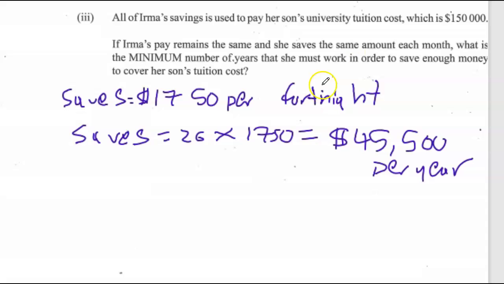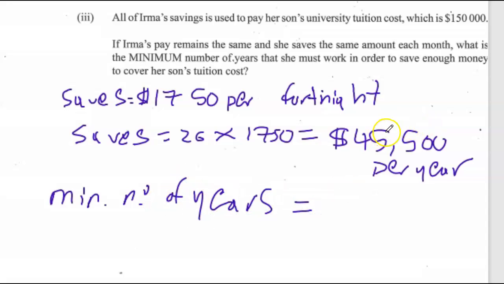Now remember, she's saving for her son's tuition, which is $150,000. Right, so minimum number of years. In other words, how long will it take, if she saves $45,500 per year, how long will it take her to save $150,000?